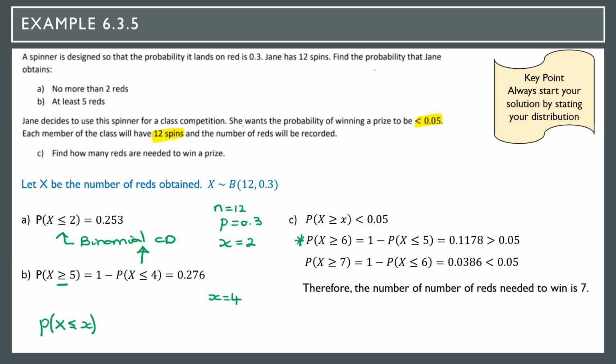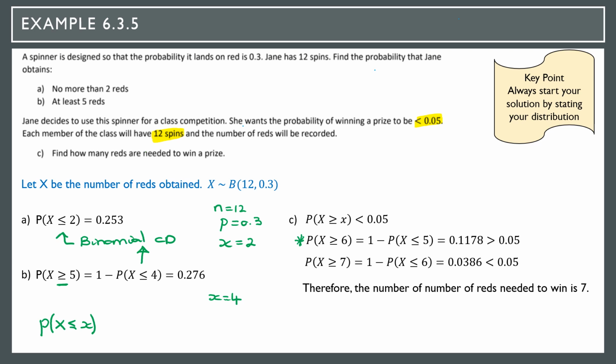Because that is greater than 0.05, we haven't yet met Jane's condition to win. So next I've looked at the probability of landing on 7 or more reds, and this comes out at 0.0386, which is less than Jane's condition, and therefore we can conclude that the number of reds needed to win is 7.